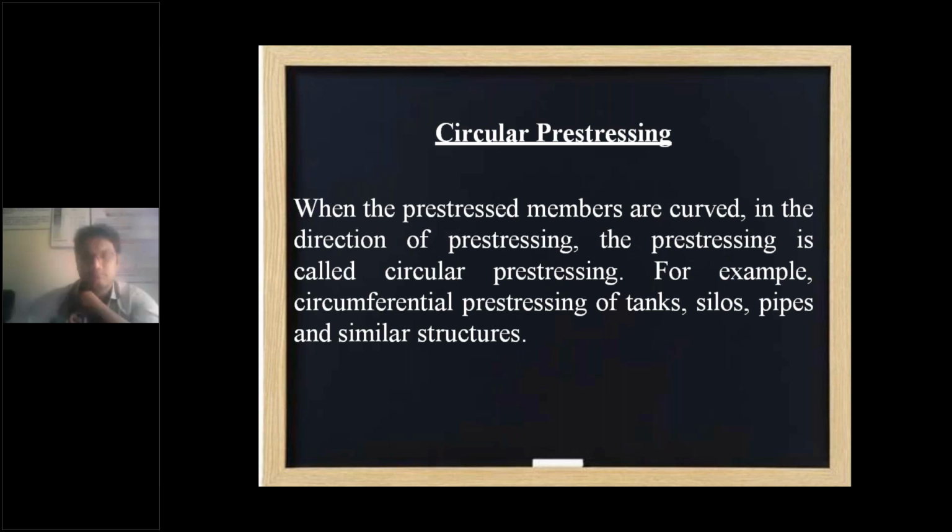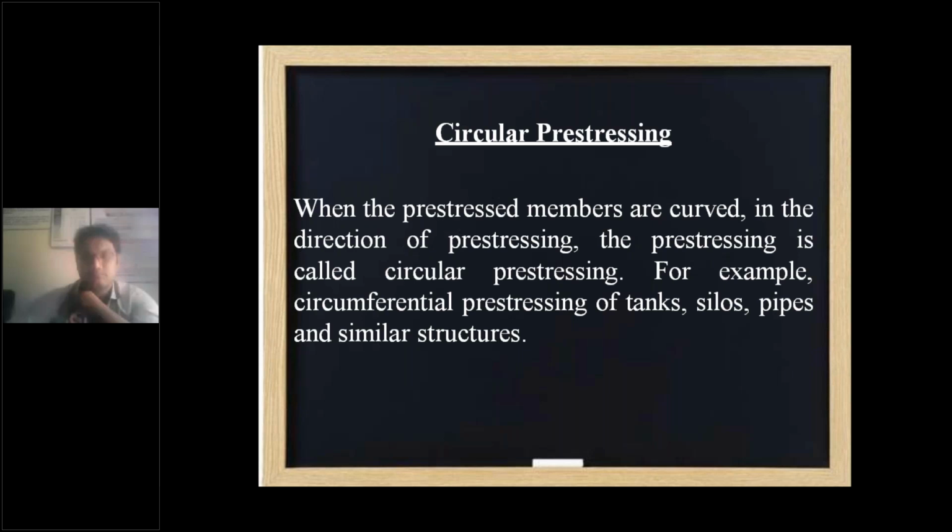So the best examples of circular prestressing are water tanks. Why? Because there will be circular water tanks, so we do circumferential prestressing, and silos. What do you mean by silo? If you observe a ready mix concrete plant, where the cement is stored in huge hoppers, they are called silos. And pipes, what do you mean by pipes?